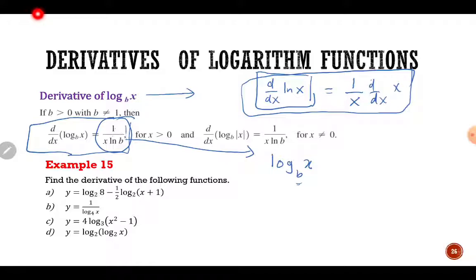Kenapa dia boleh dapat the derivative of log x base b ni as 1 over x ln b ni? Adalah kerana kita buat dulu penukaran base. Okay, kita buat dulu penukaran base daripada base B kepada base E, ataupun kita tukarkan dia menjadi natural log.